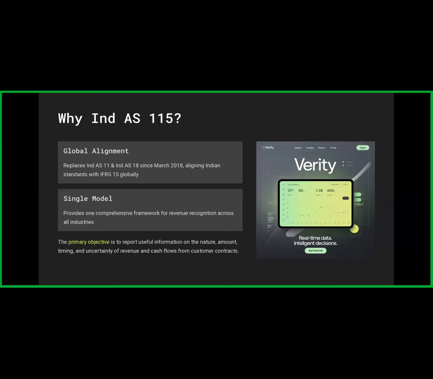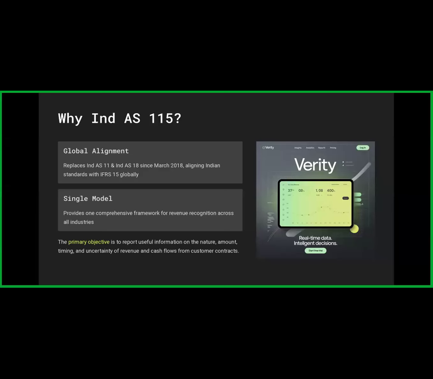But to unify all these things, the government came up with one standard, that is Ind AS 115.